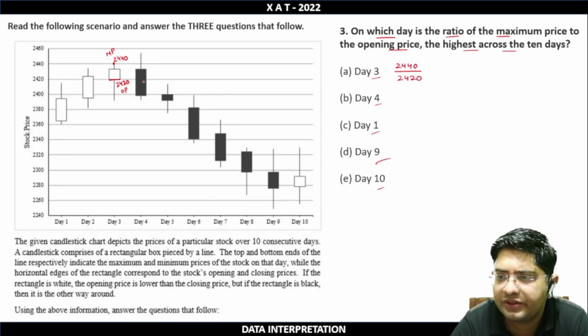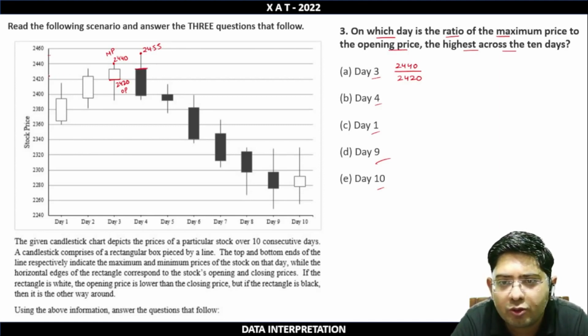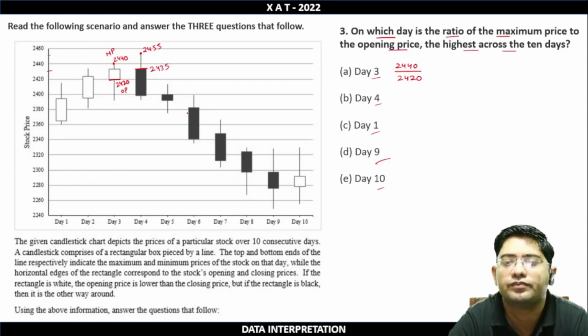So day 4, we have the maximum price as 2455. And the opening price will be the upper horizontal bar because it is a black candlestick. So that is 2435.